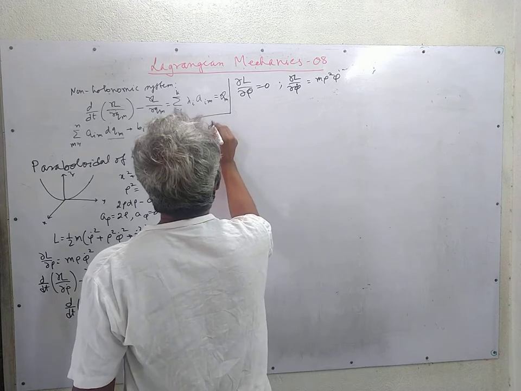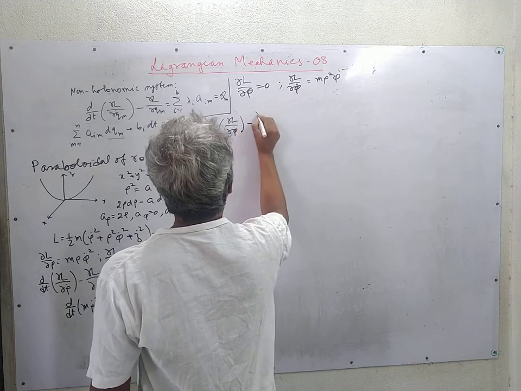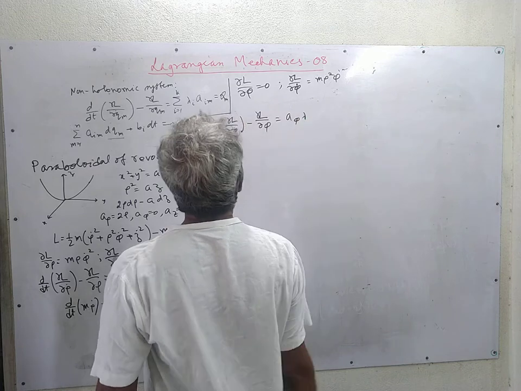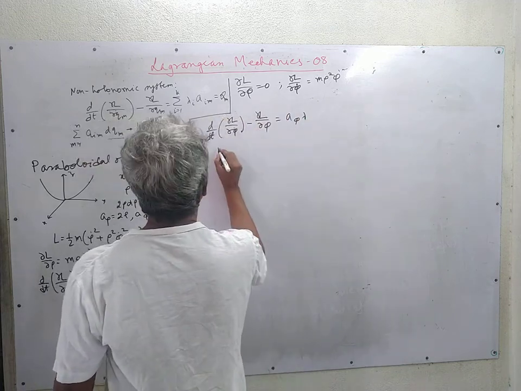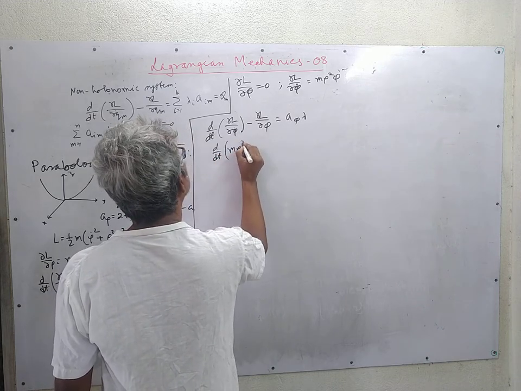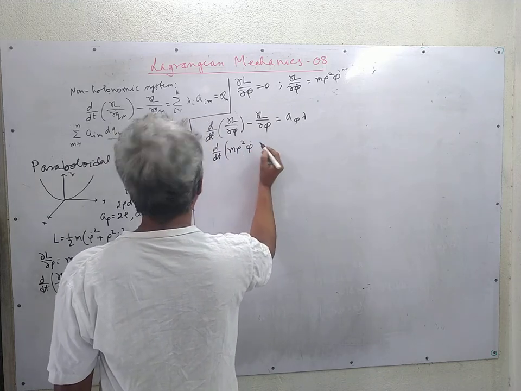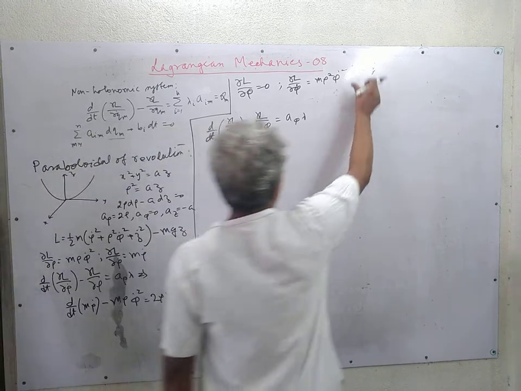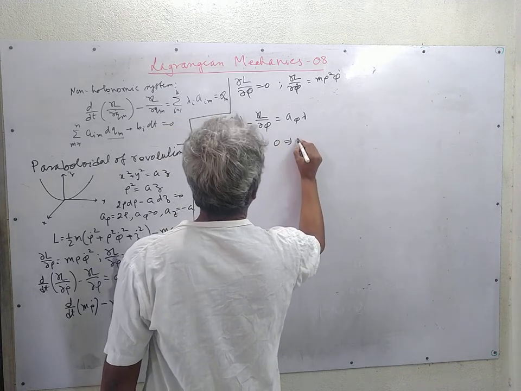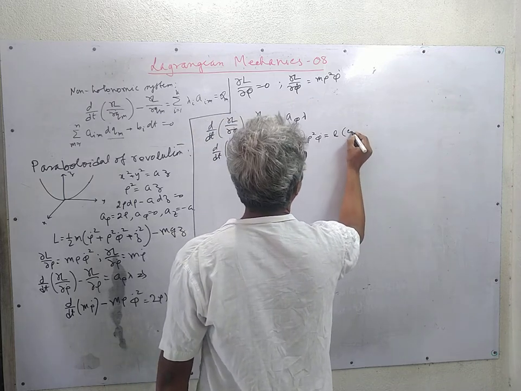So the equation is d/dt of mρ²φ̇ is equal to 0, that gives mρ²φ̇ is equal to some constant, L is equal to some constant.